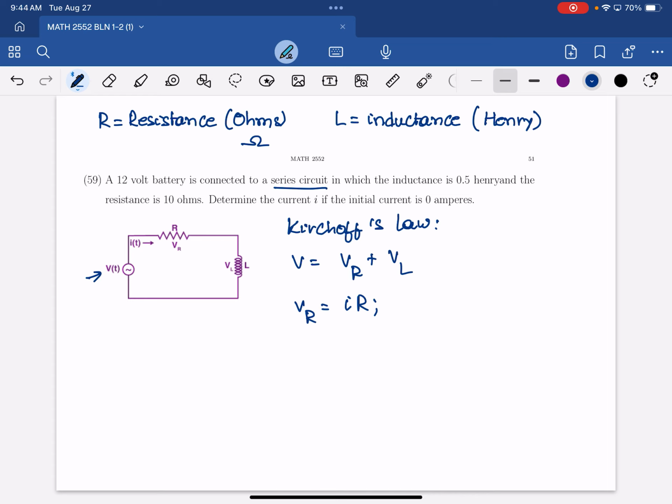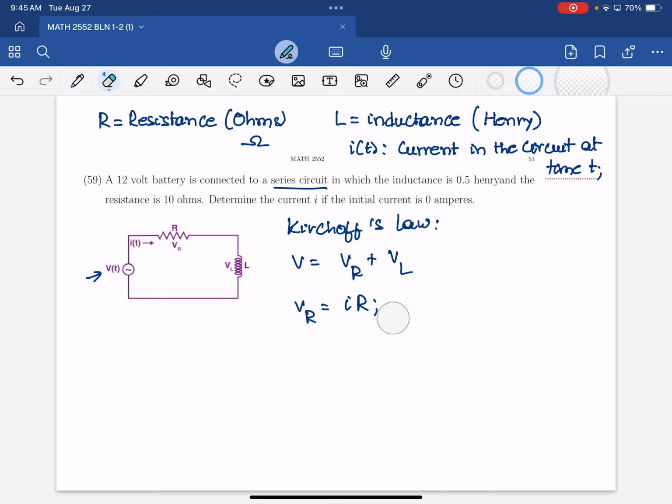In this case, R is the resistance, and I of t is the current in the circuit at time t. In this case R is 10, so I can write this as 10I.